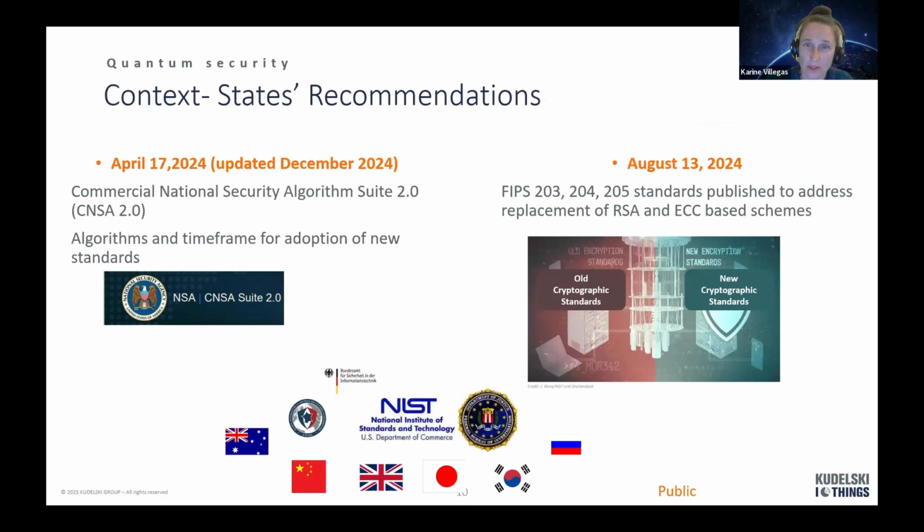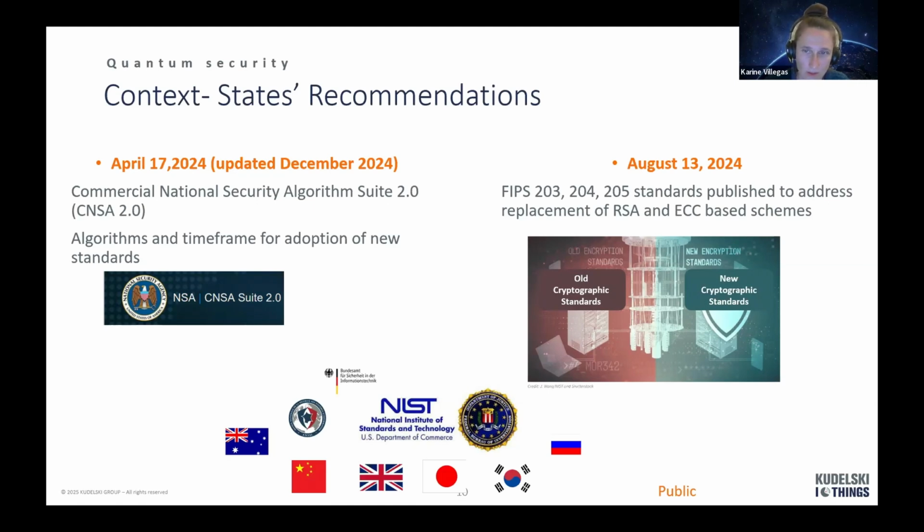So if we consider this option, we also have to consider the states' recommendations and the regulations. Since April, we now have a new National Security Algorithm cipher suite from the US government, which provides a timeline, and it was updated at the end of last year to give a date around 2030 for the migration instead of several dates as before.